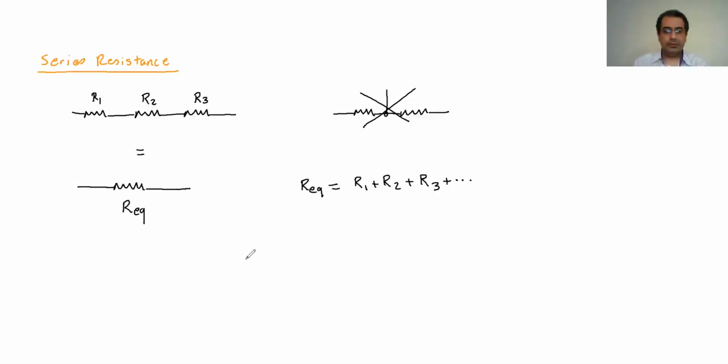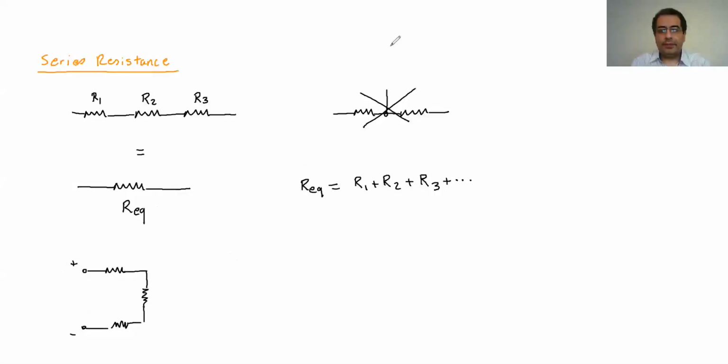So I can take these three out and just replace them with one resistance, and I use that resistance in my calculation. One important thing is that, for example, if I have a circuit like that, assume it's connected to positive, negative, and some kind of current goes through that.